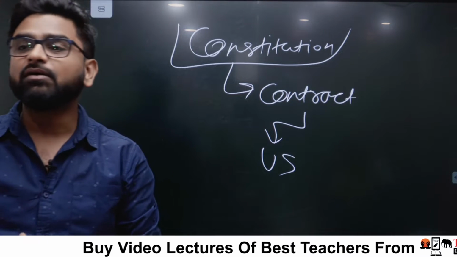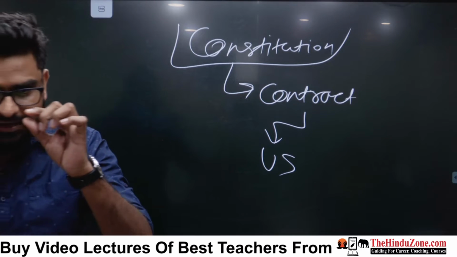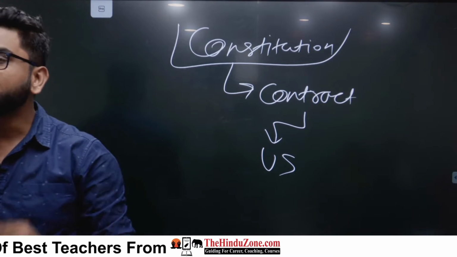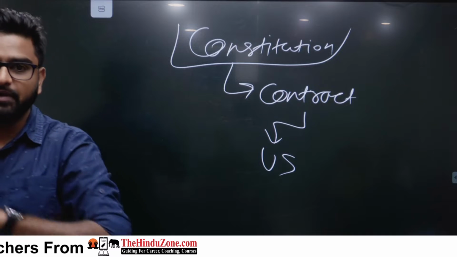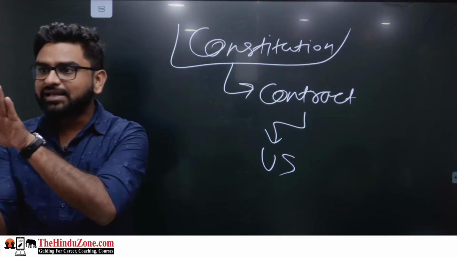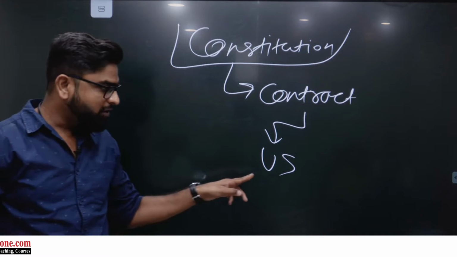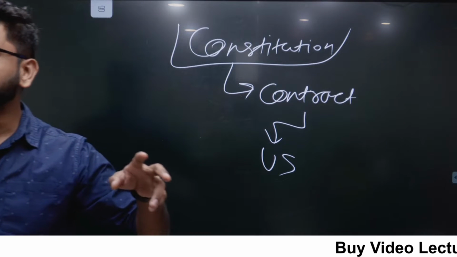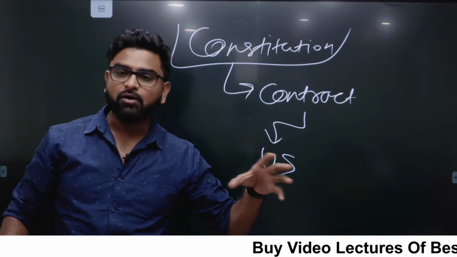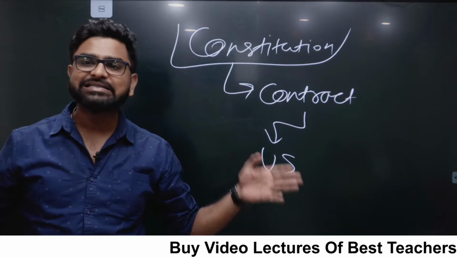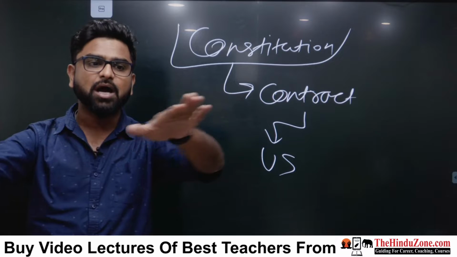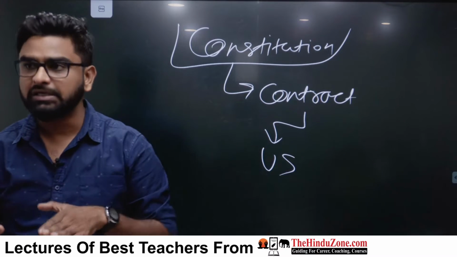We will study the preamble. The first line of the preamble is we the people of India. Why have we used this line? That means the entire constitution that we have is a contract between us all. It is basically a political theory that all of us people sat together, discussed and debated, and then we enacted some laws on how we want to be governed.